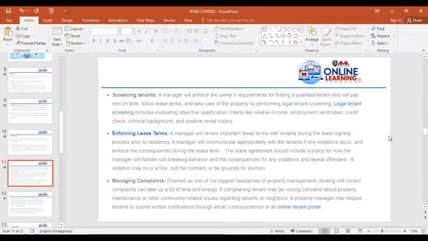So you have to explain to the tenants that if violations may occur, he or she may be evicted, or it may be grounds for eviction. So hindi na siya makapagpatuloy ng rent niya doon sa property.